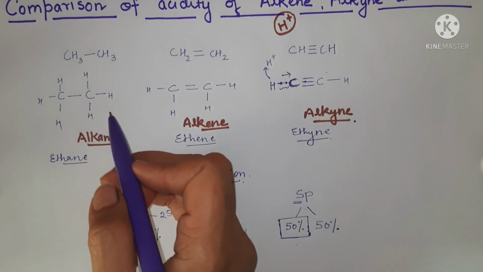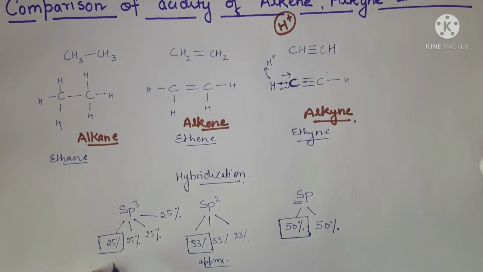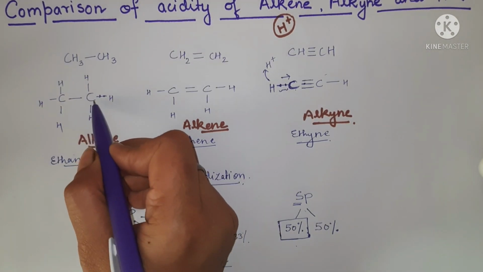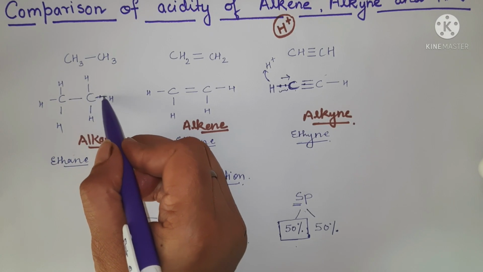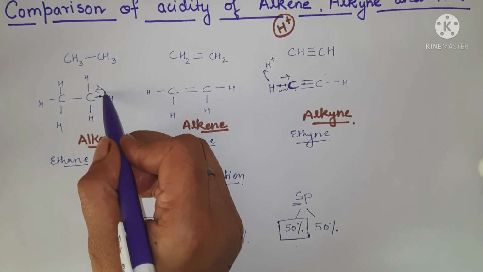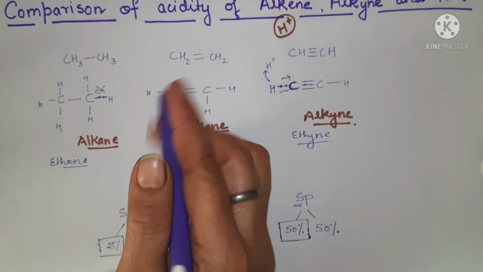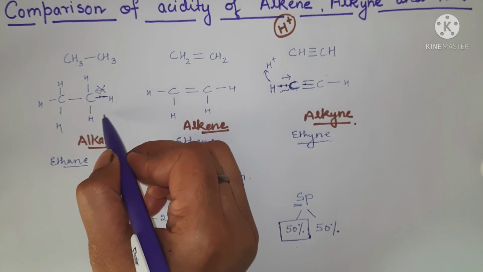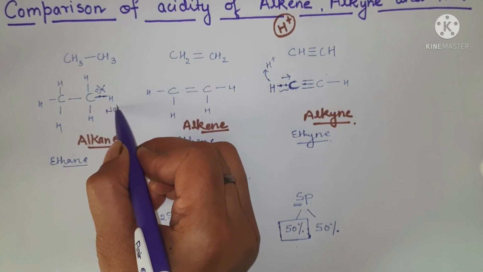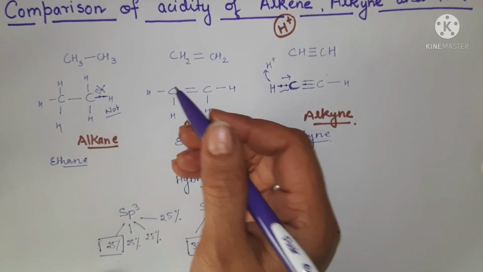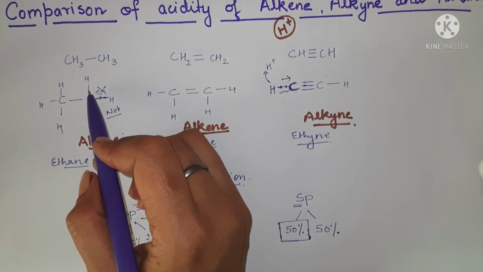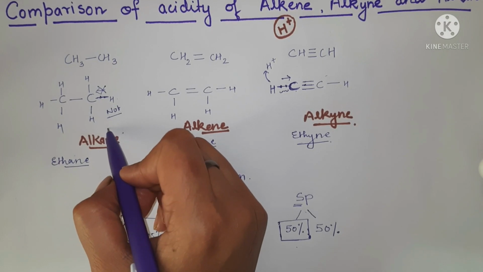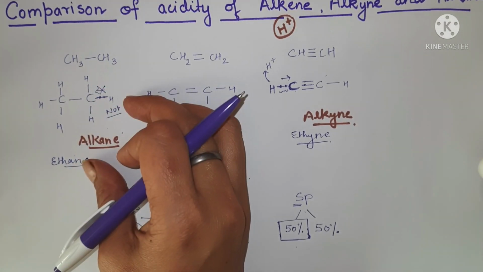And here you can see the S character is 25%. So this carbon has less tendency to attract both the electrons toward itself, so this proton cannot easily separate from this alkane molecule. This applies to all the hydrogen atoms involved in the formation of the alkane molecule.